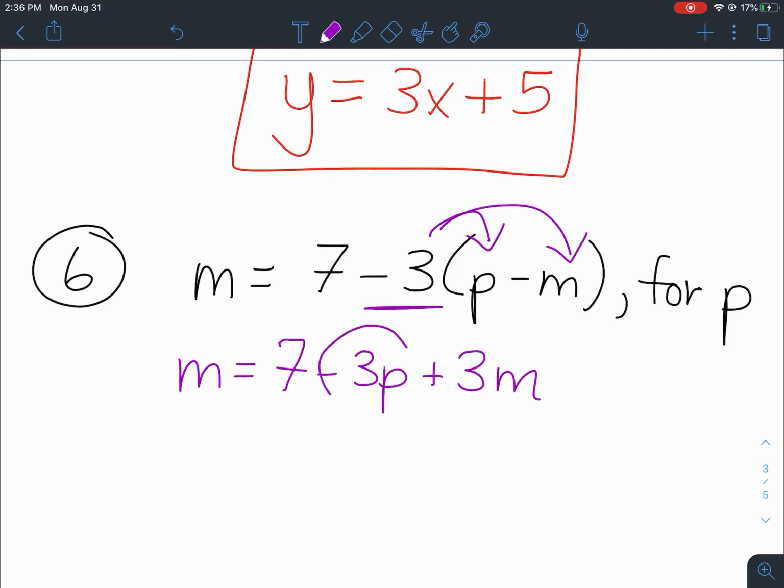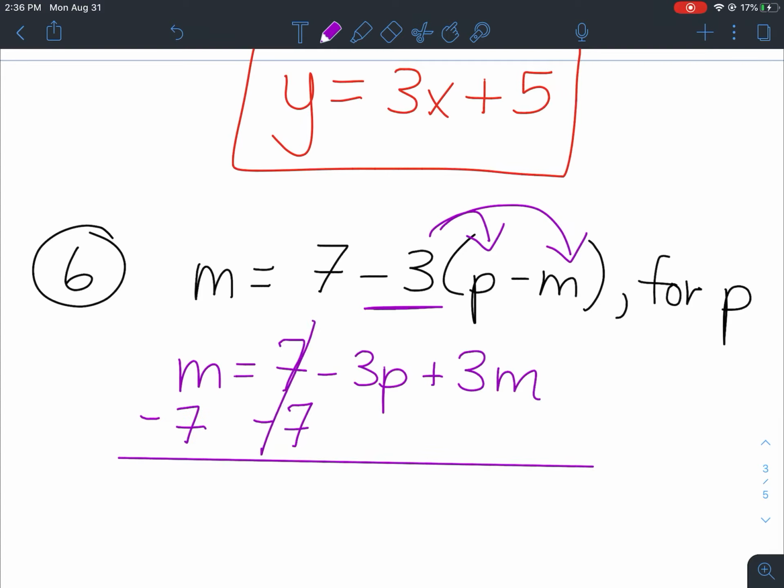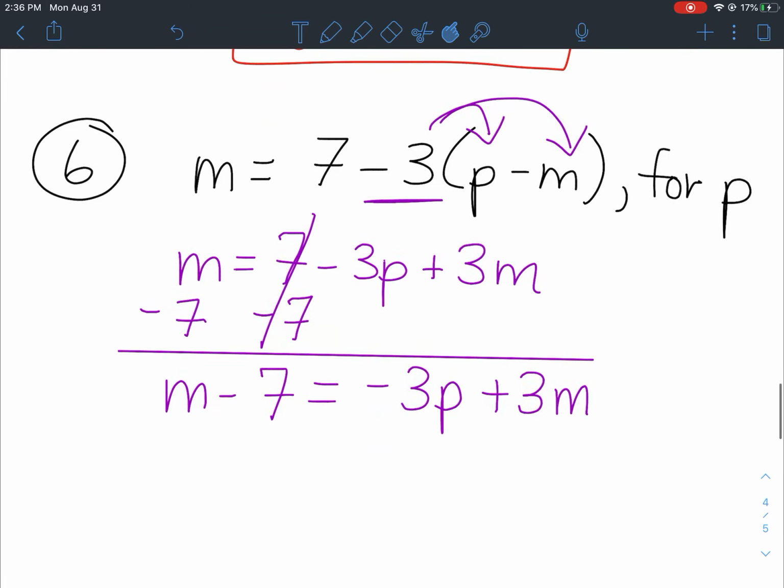And if we're trying to solve for p, we need to start moving everything that's not this to the other side. So you get rid of plus 7 by subtracting 7. So m minus 7 on the left. And then on the right, we're trying to solve for p, so we need to get rid of this.